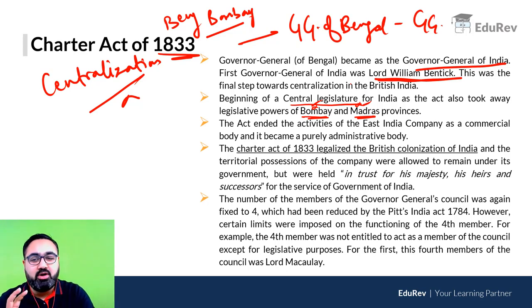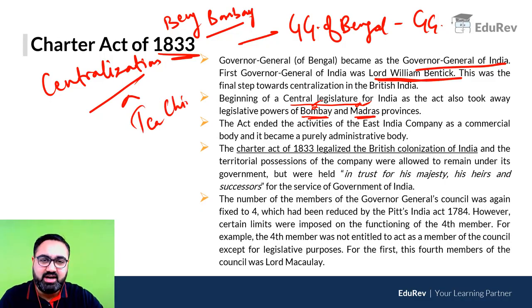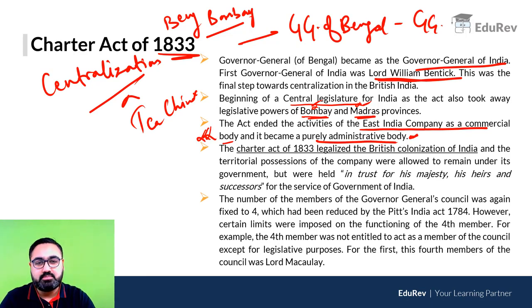The remaining monopoly of trade also ended. The monopoly of tea, the monopoly of trade with China had also ended. In fact, East India Company's commercial activities had come to an end. They could not trade any further. Now they became just an administrative body ruling over India.